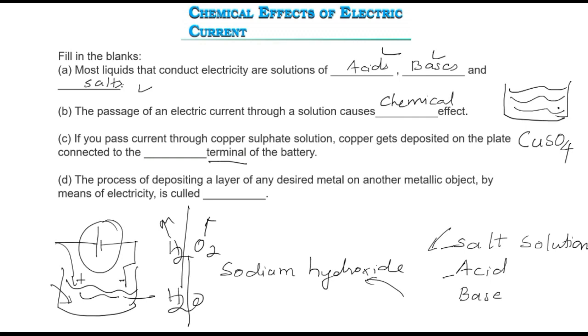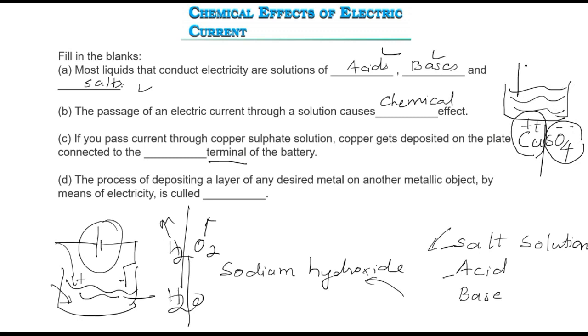Solution in the sense some water is added to the copper sulfate powder, so it becomes copper plus plus and SO4 minus minus. So many copper plus plus and SO4 minus minus will be there in this, right? So copper will go to the negative charge and SO4 will go to the positive charge terminal.